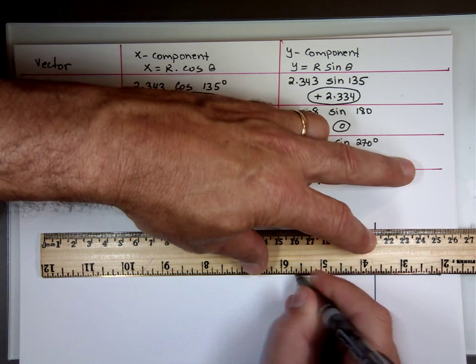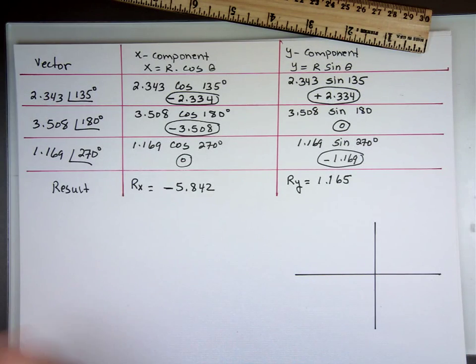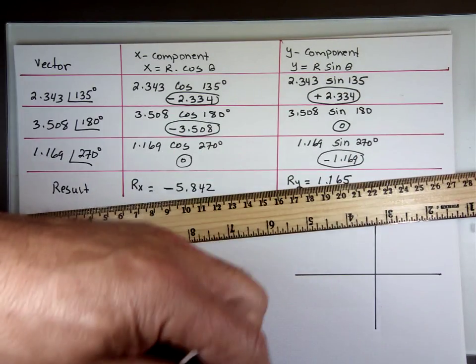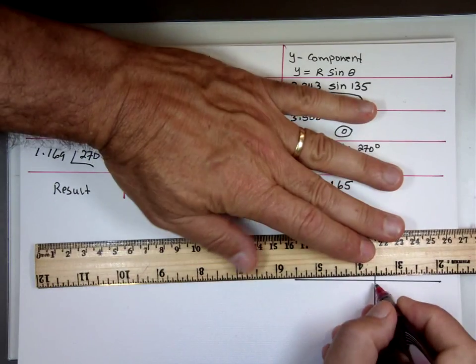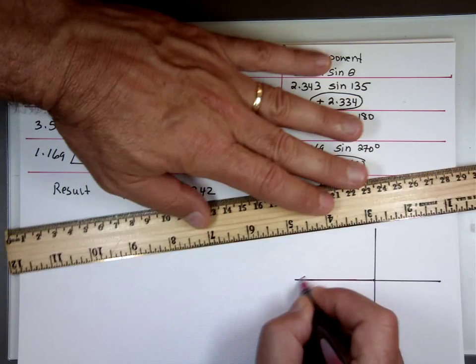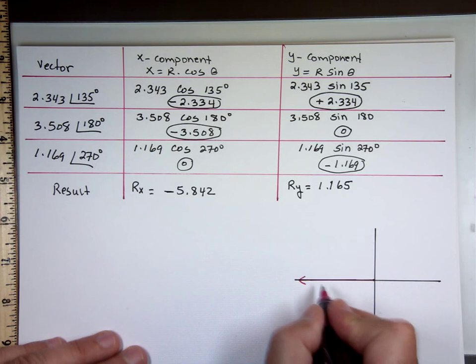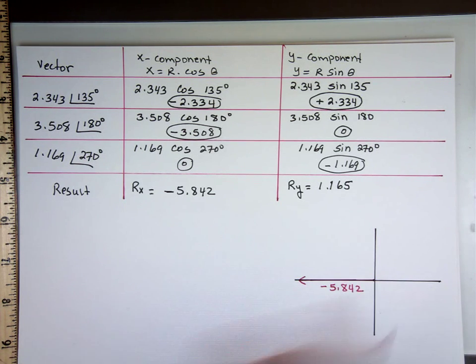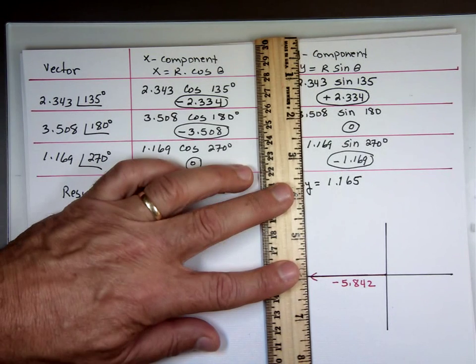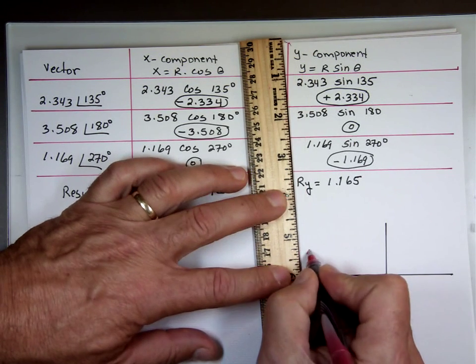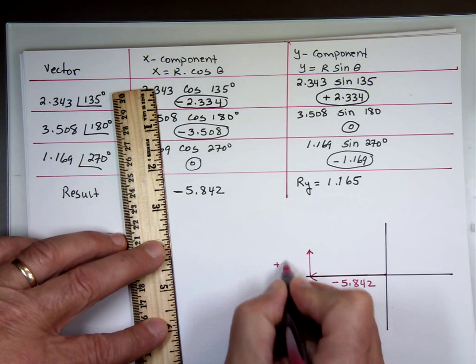To get to that point, you're going to travel in the x direction to the left, it's negative 5.842. Then you're going to go up, positive 1.165.